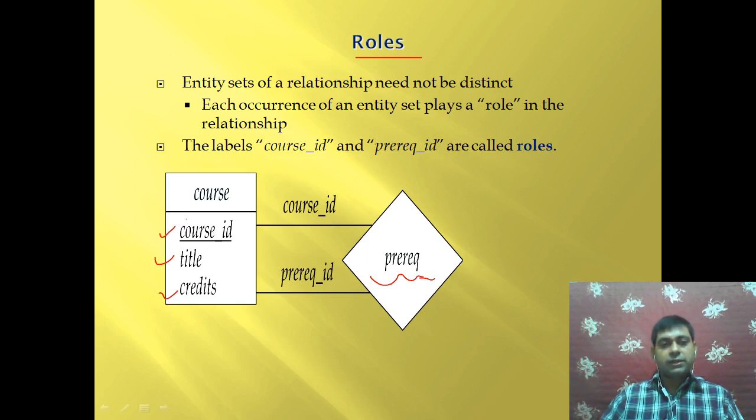Means for learning this particular course DBMS we need to learn some other prerequisite courses, let's say for example mathematics, data structure and few more other subjects. So this is what the prerequisite relationship here is. So each occurrence of an entity set plays a role in the relationship here. So that is denoted as the role.